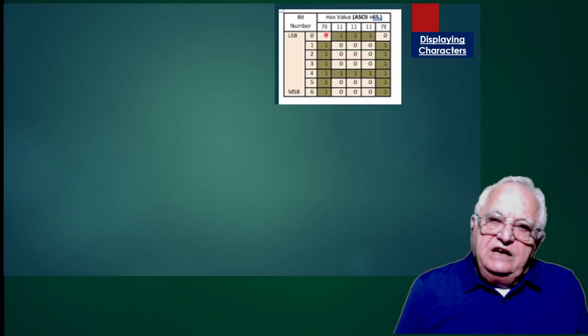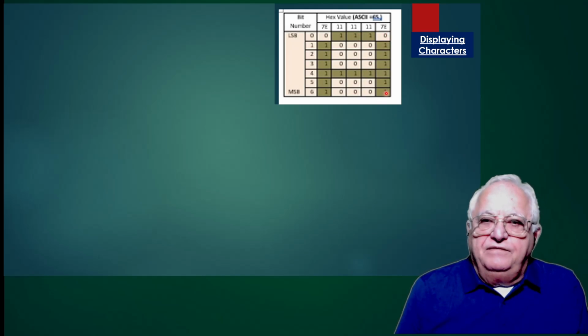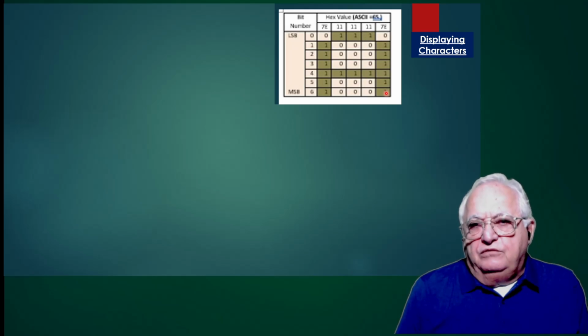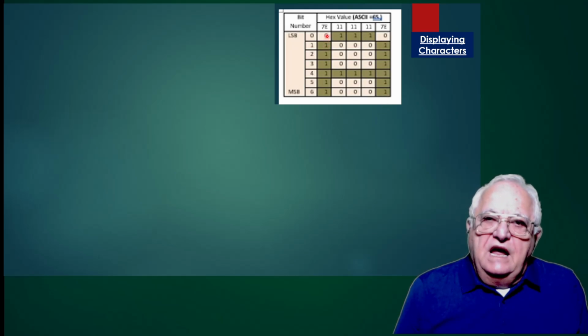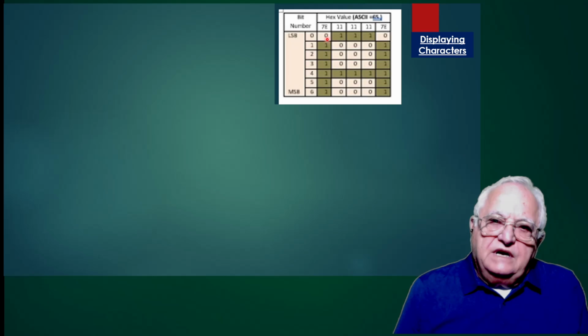So the idea here is I need to call out 1, 2, 3, 4, 5 words. It's going to take me 5 words to write the A. And each word has 7 bits.